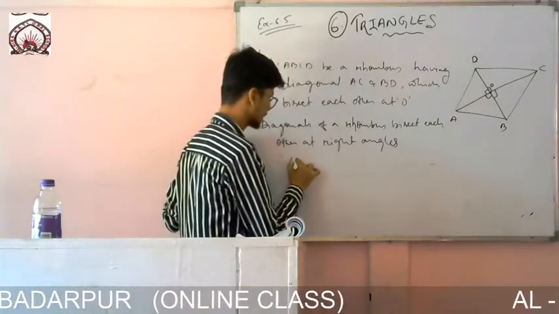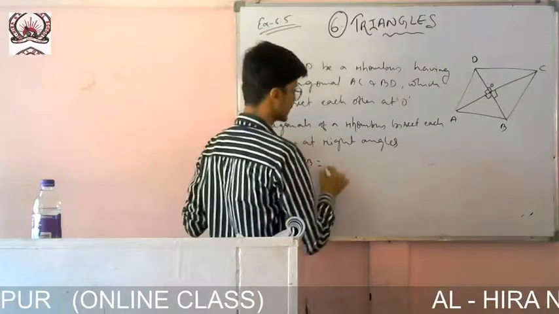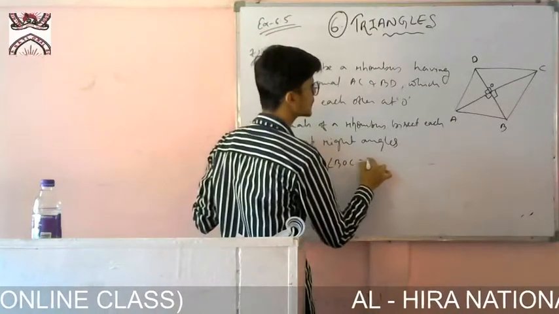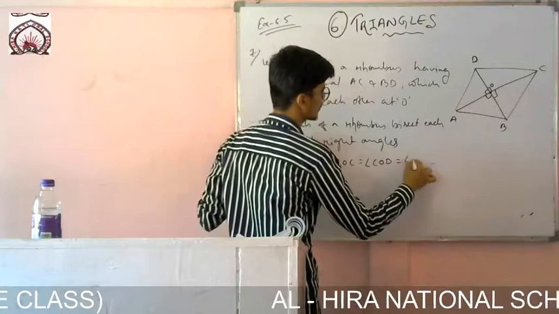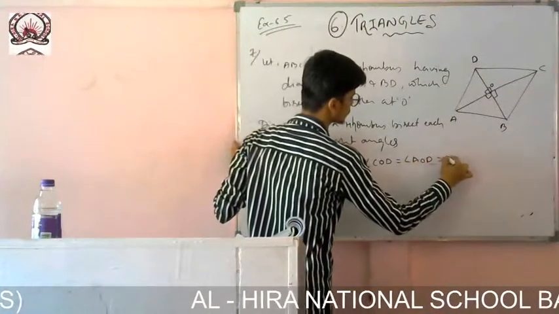So I can write angle AOB is equal to angle BOC is equal to angle COD is equal to angle AOD, which is equal to 90 degrees.